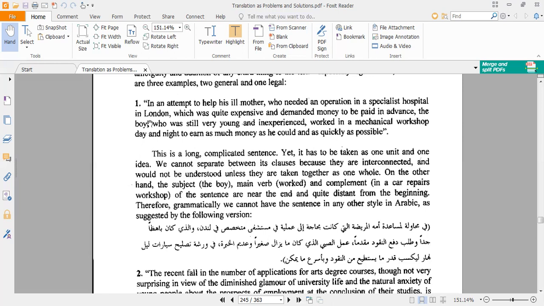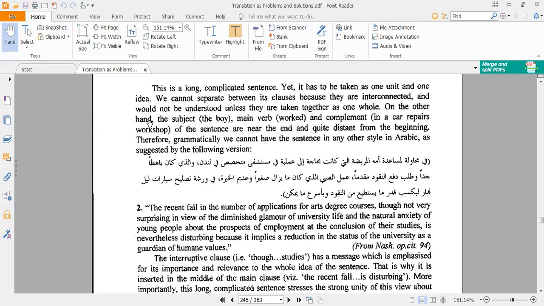So it is better not to split them into short sentences, but to maintain the same degree of connectedness and relatedness. It is better to render them as a long sentence.